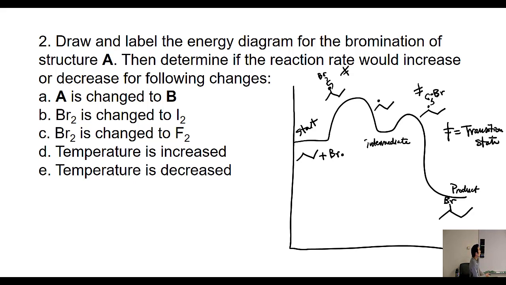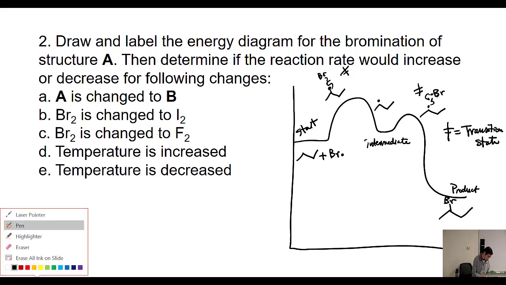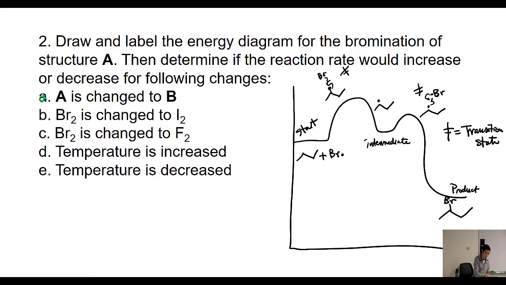So B is the second half? No. What I'm saying is, if I changed the starting material from this to this, would it make it faster or slower?